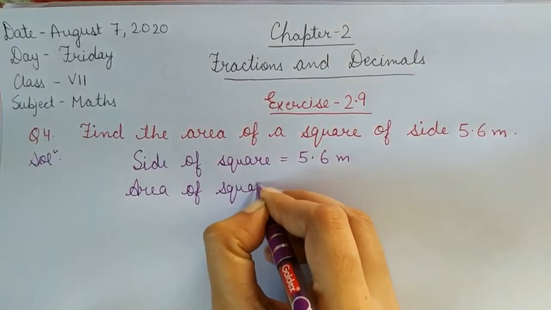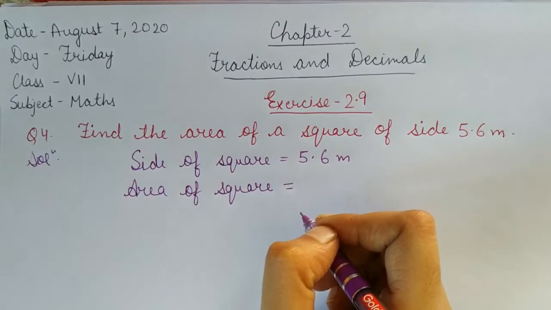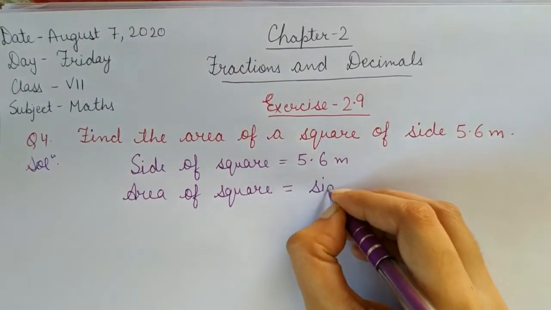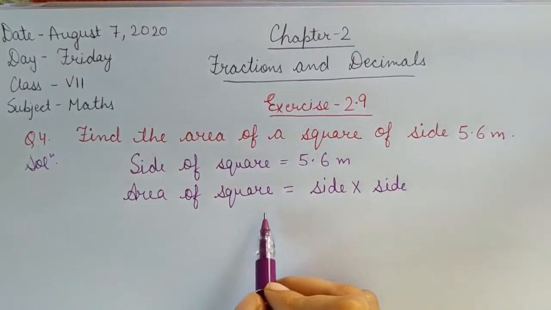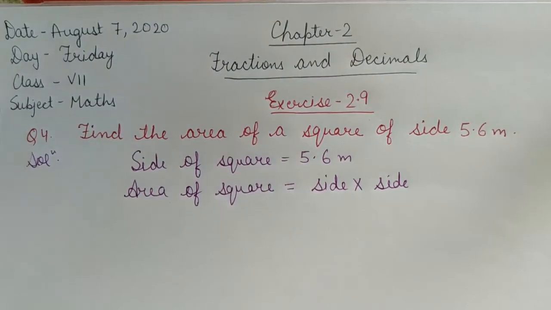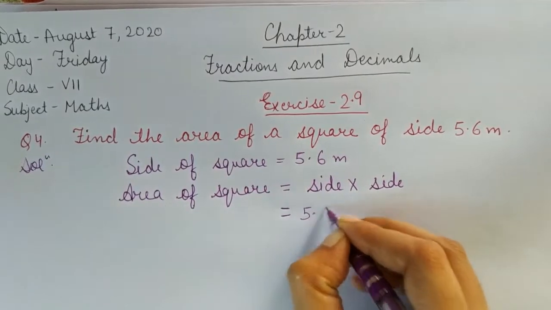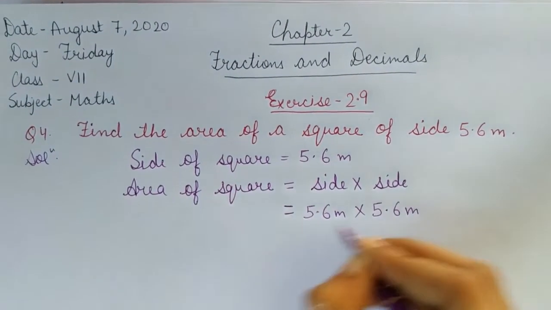As you have learned in the area and perimeter chapter in class 6 also, area of a square is side multiplied by side. So first of all we will put that formula, that is area of a square is equal to side multiply side. And if we put the value of side, that is 5.6 meter multiply by 5.6 meter.